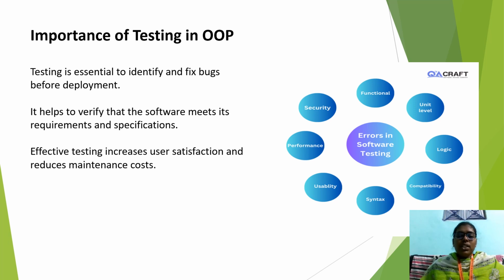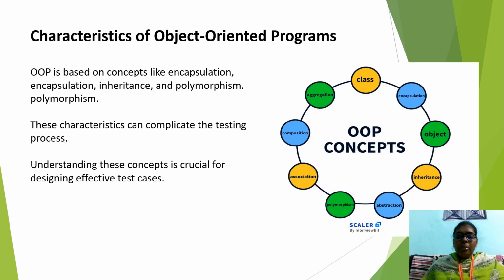In this figure, we see errors in software testing: functional, unit level, logic, compatibility, syntax, usability, performance, security. These are all the errors in software testing of object-oriented programs.